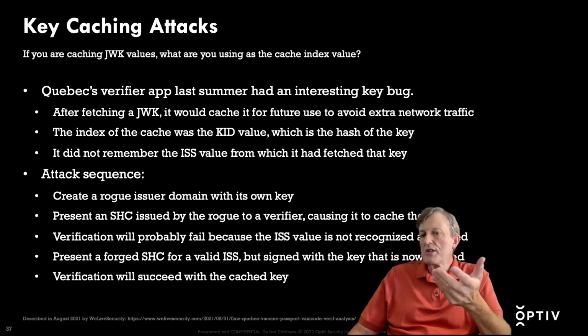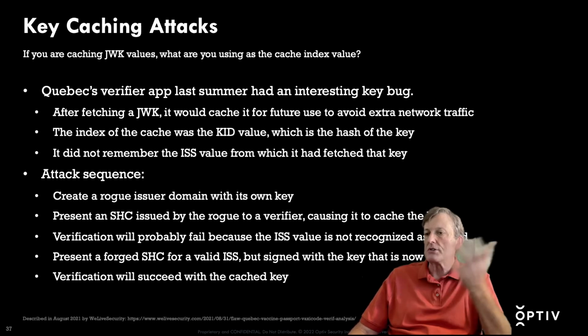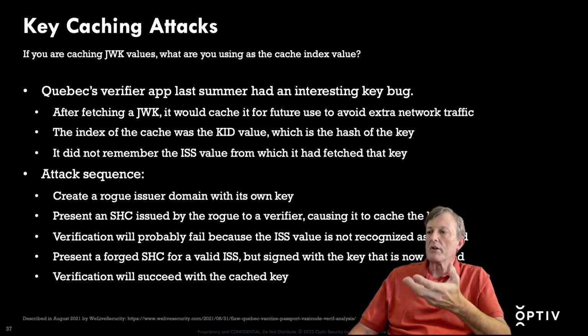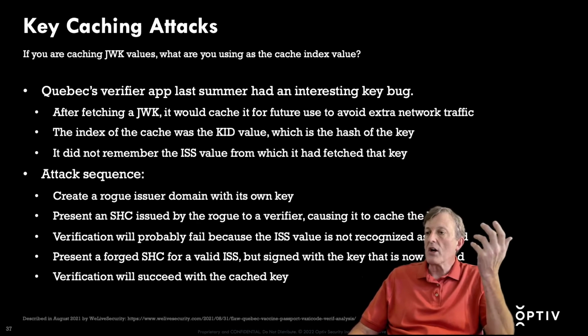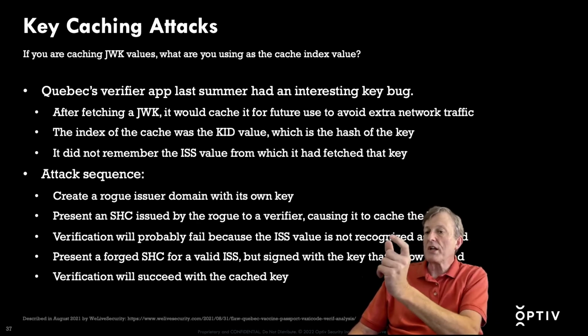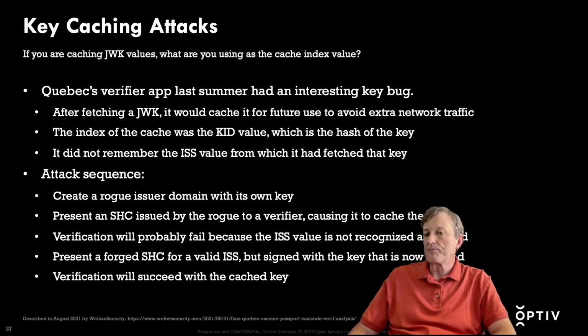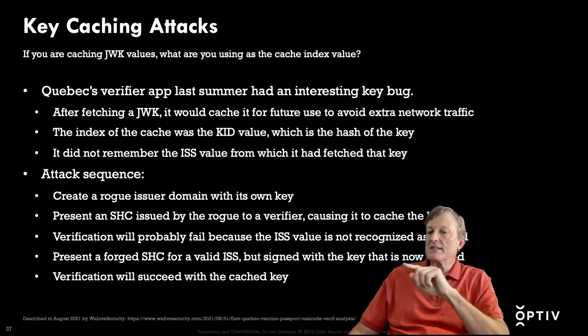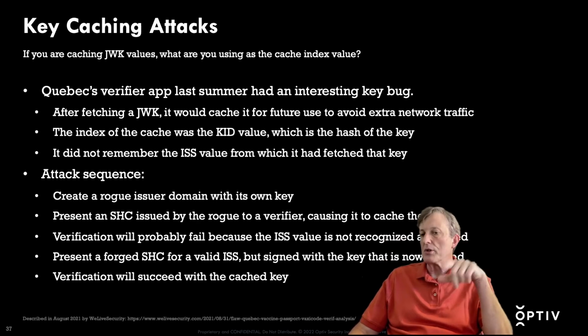So, like most applications, they'll cache information so they don't have to fetch it every time. Well, the Quebec app would cache a key that it had fetched, and it would cache it against the key ID value, and only the key ID value. And it didn't remember which issuer it got that from.